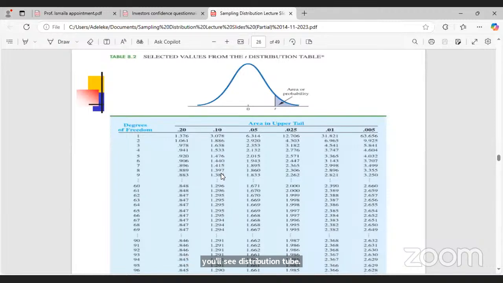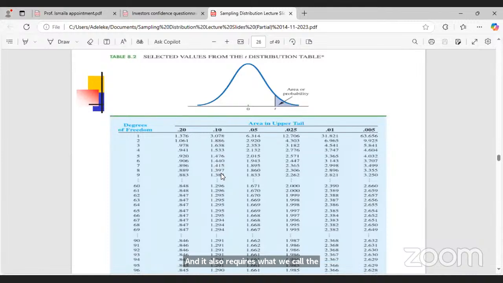The scientist that developed the table, his name is Student. That's why it's called the student T table. The table requires two parameters: the degrees of freedom, and the level of significance.